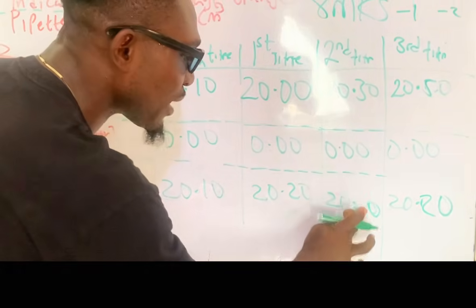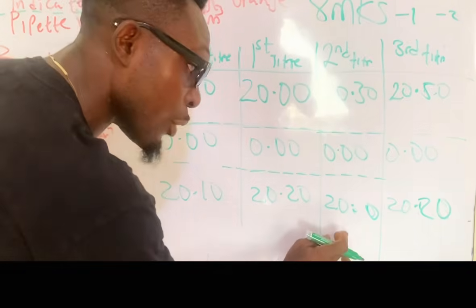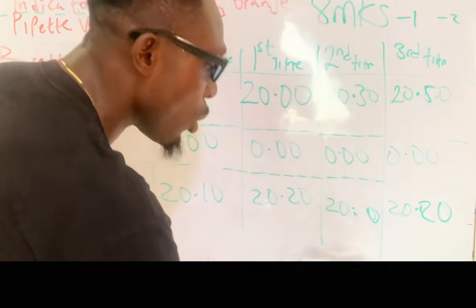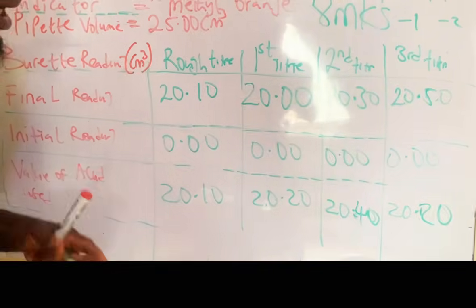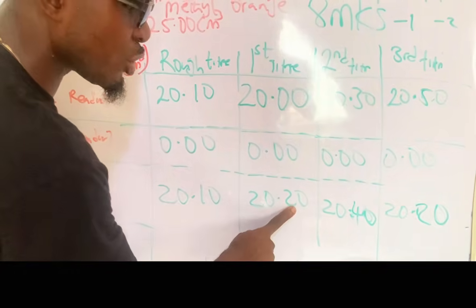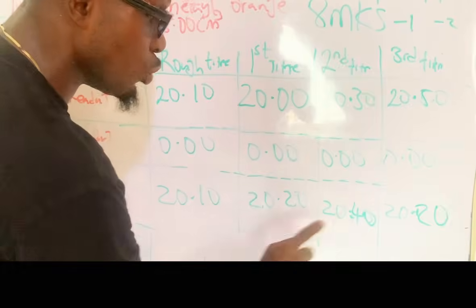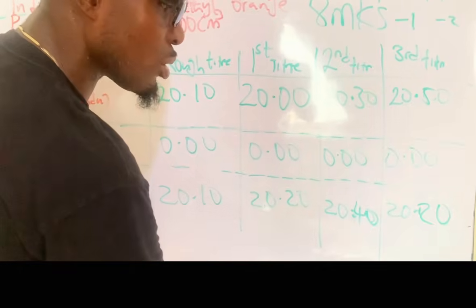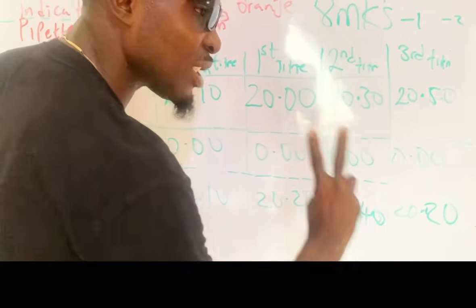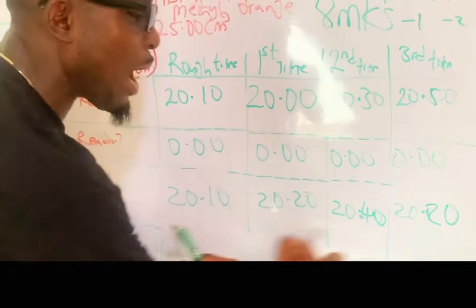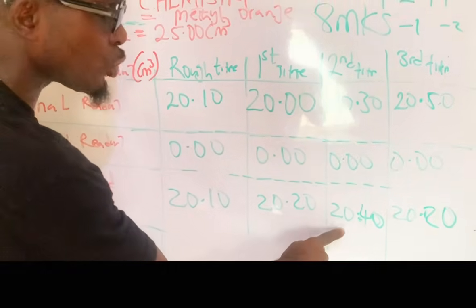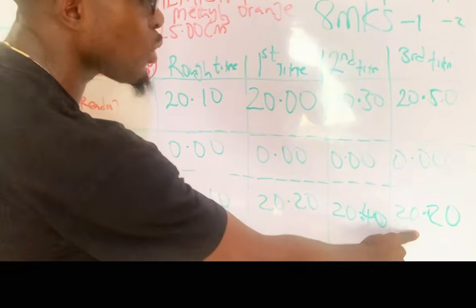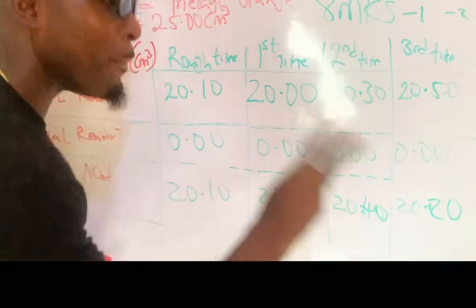This has to be corrected to either 20.20 or 20.30 or 20.40. I can use 20.40 if I want to. In this case, the difference is just 2. This and this, they are together. So we can actually say our average titer will be 20.20 plus 20.40 plus 20.20 divided by 3.